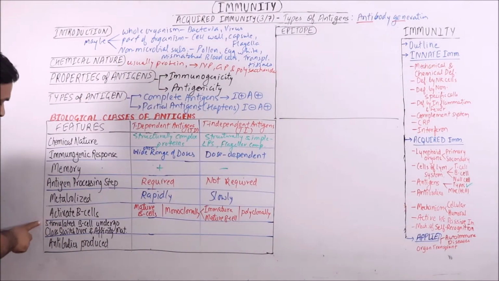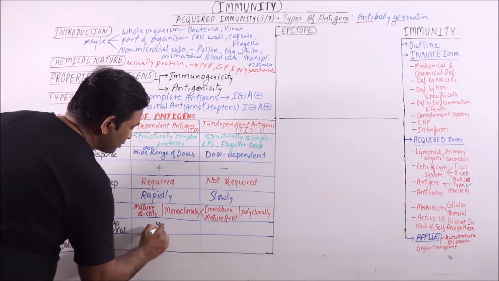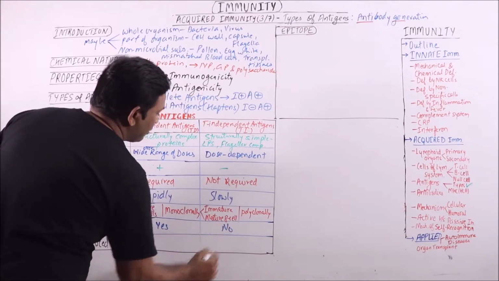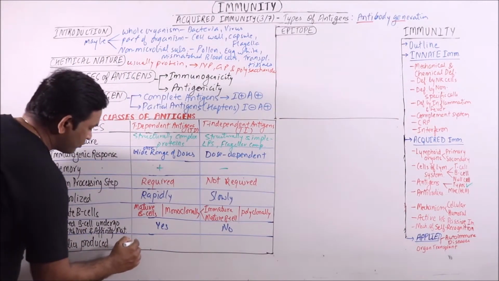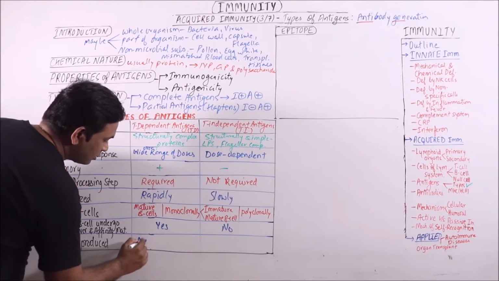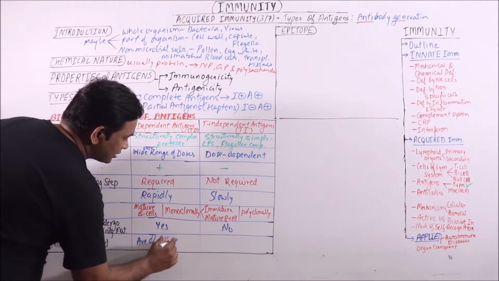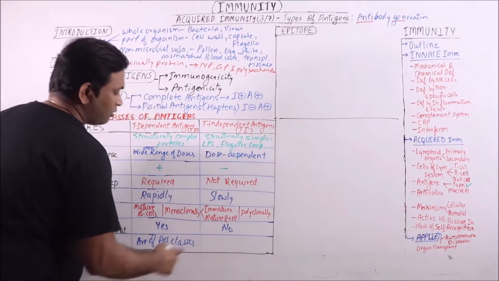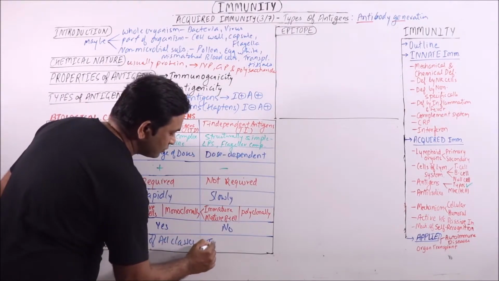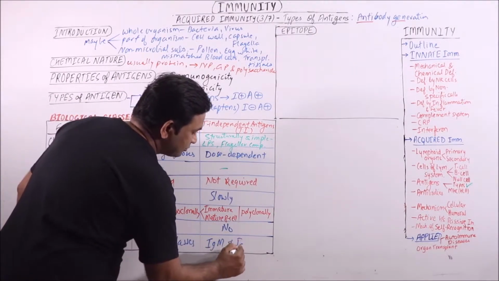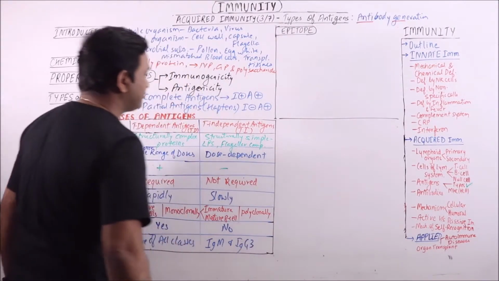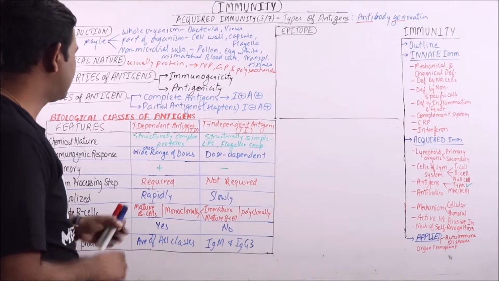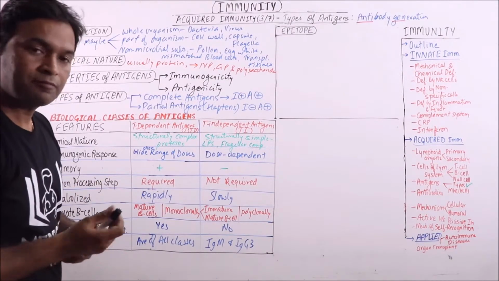The stimulated B cells undergo class switchover and affinity maturation. Yes, but it doesn't occur in TI type of antigens. Antibody produced are of all classes, while this is restricted to IgM and IgG3 type. So these are the two major categories of antigens.